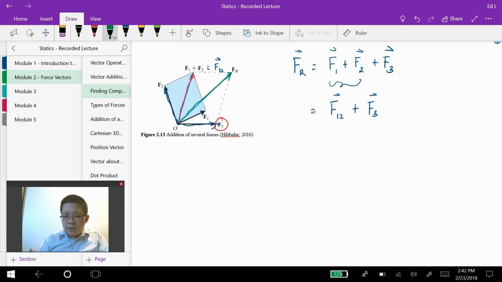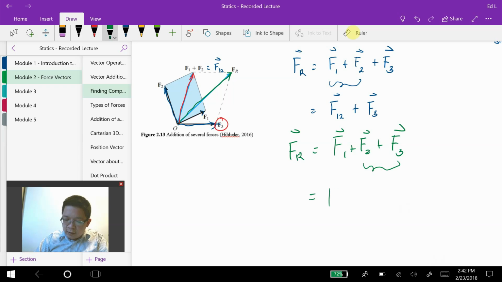Of course, you can do this differently. You can first try to find FR. For example, if you would like to find FR equal to F1 plus F2 plus F3, and you choose to calculate F2 plus F3 first, that's fine. You will still get the same answer.